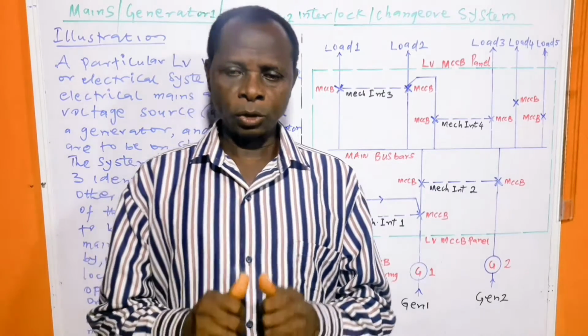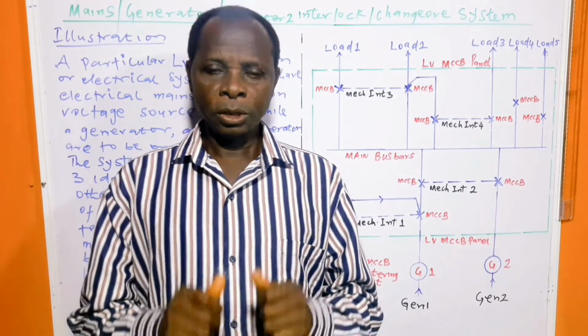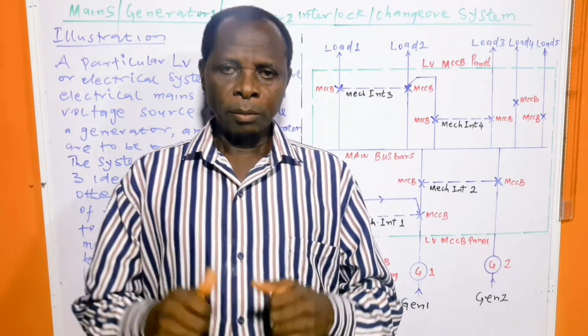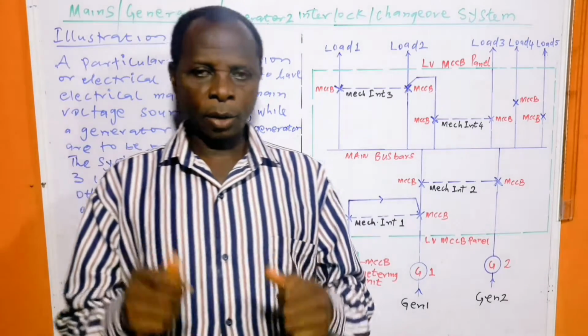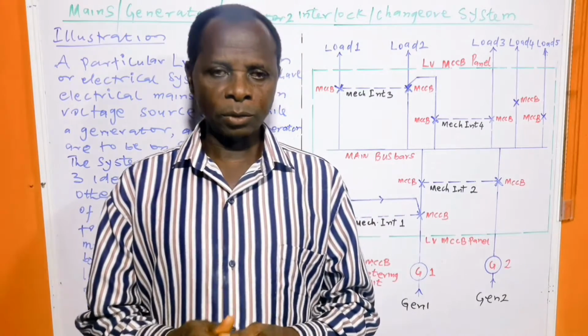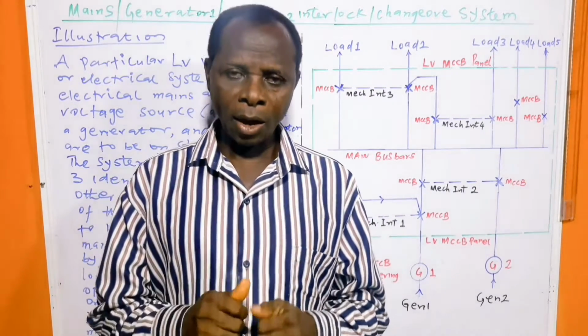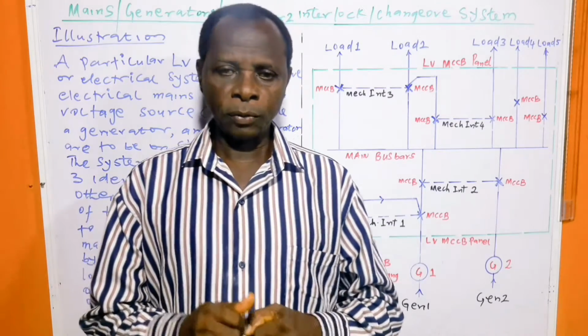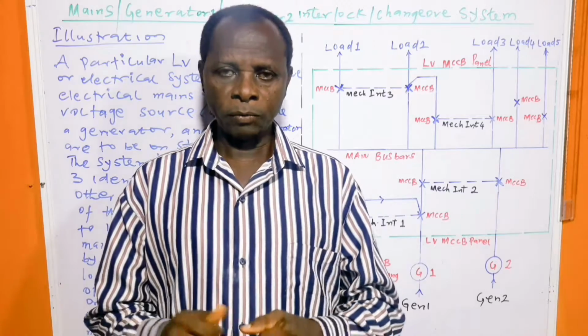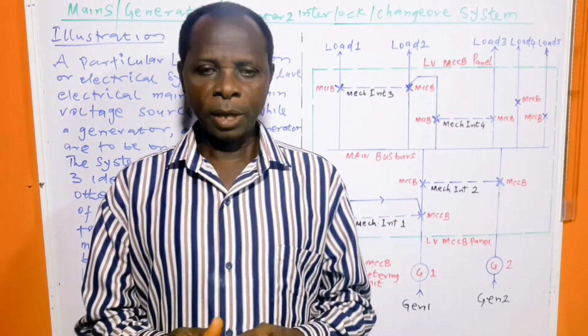It's going to be done through the use of mechanical interlocks. By operational disconnection, I mean without touching any wire or any cable before the interlocking system or the changing over system is achieved.